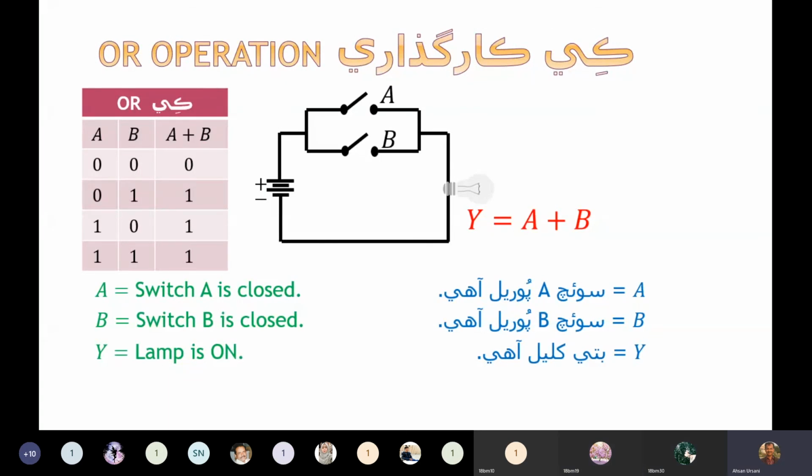Because if A is closed the lamp is on, if B is closed the lamp is on, if both are closed the lamp is still on. So the lamp is off only in one condition, when both switches are open.